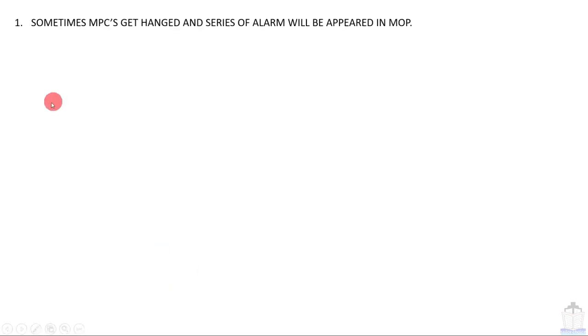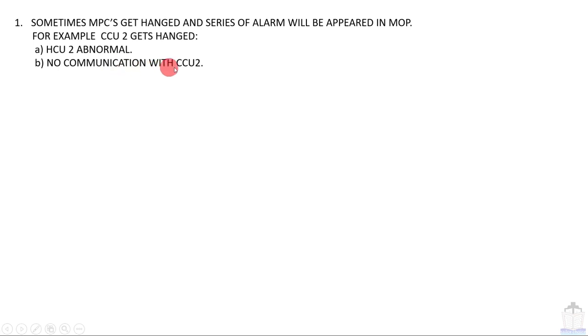Now the next thing is that sometimes the MPC hangs and a series of alarms appear in the MOP. For example, we are taking CCU2. CCU2 hangs, so we will see what sort of alarms will appear. The first one is SCU2 abnormal, no communication with CCU2, CCU2 tacho feedback error, and many more. So how will you proceed?